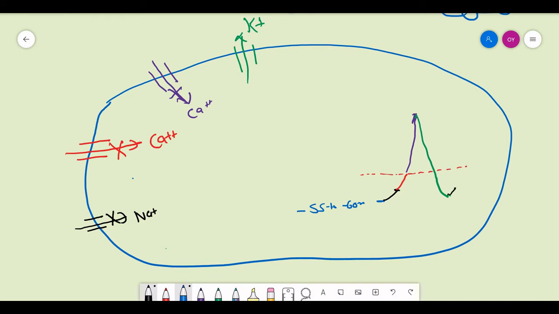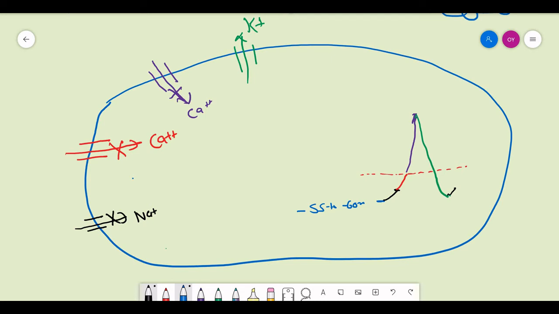Normally, in the action potential of other cells, sodium channels open when the membrane potential depolarizes. But here in this case, what is causing the opening of the sodium channel? Hyperpolarization, not depolarization. Because of this, some people found it very funny.